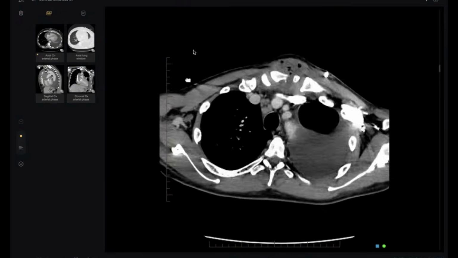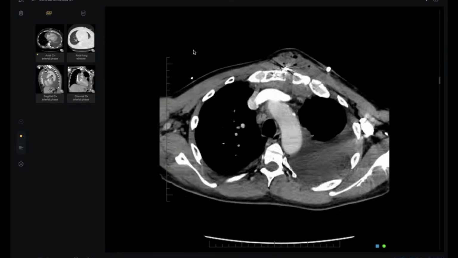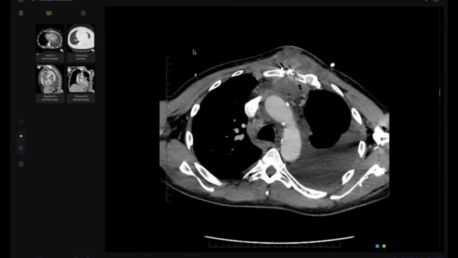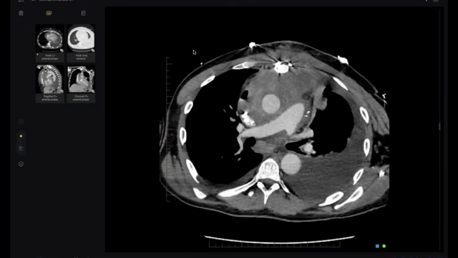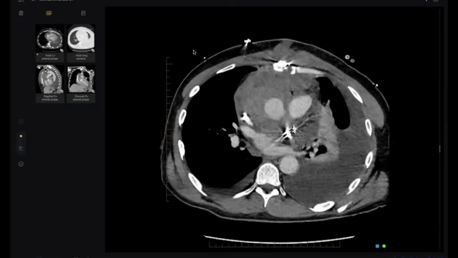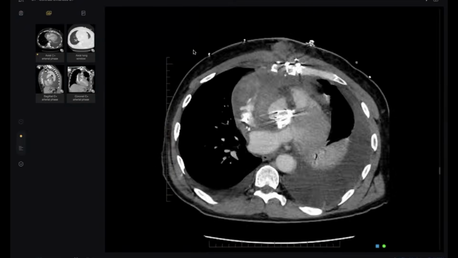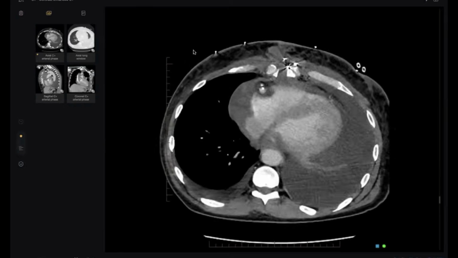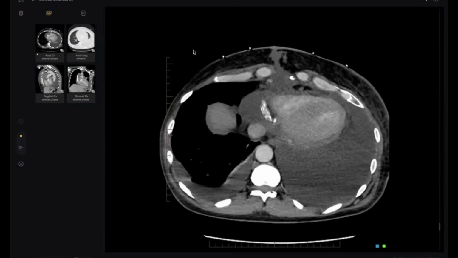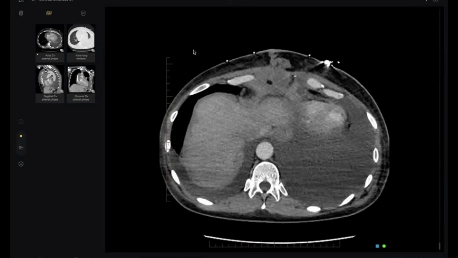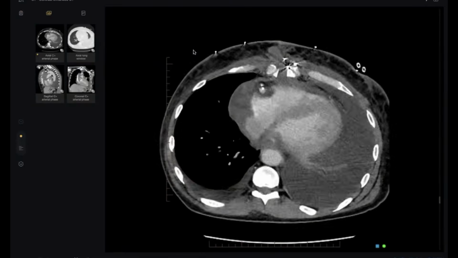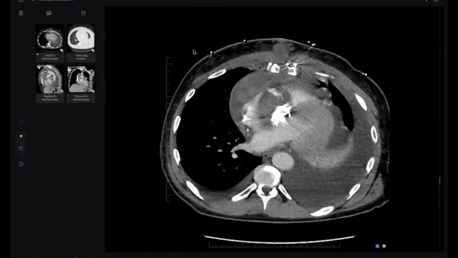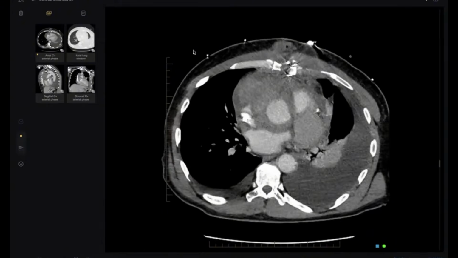This is a CT chest with contrast, soft tissue window. I can see there is a large left-sided pleural effusion. There is also a large collection. You can stop me at any slice of interest for you. Go on.